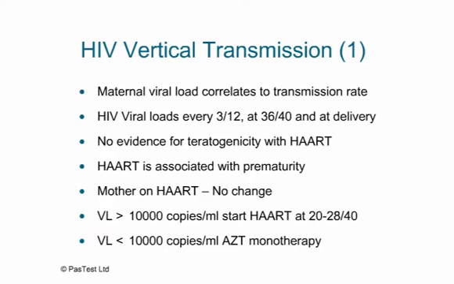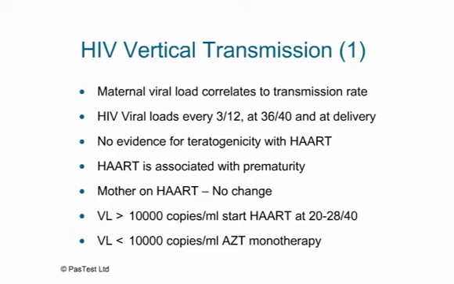So therefore, we need to monitor viral load throughout pregnancy, and at the moment, the policy is to be doing that at 3 months, 36 weeks, and at delivery. At present, there's no evidence for teratogenicity with highly active antiretroviral therapy, or HAART. However, HAART is associated with prematurity. So the national guidelines now recommend that if the mother's on HAART already, then not to change anything.